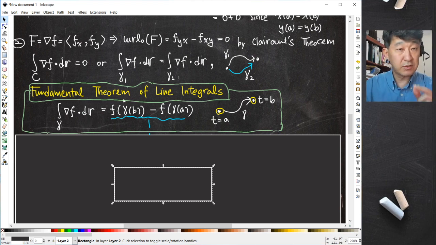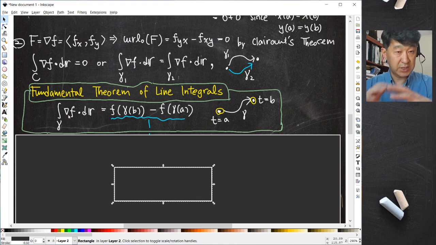So as you can see, in the context of what we have been discussing above, it doesn't matter what your path is. The only thing that matters on the right-hand side is the value of the scalar function there and the value of the scalar function there. If you go ahead and change this gamma to some other crazy thing, going back and forth a million times and going forward, whatever, the right-hand side is all about the value of these two things.